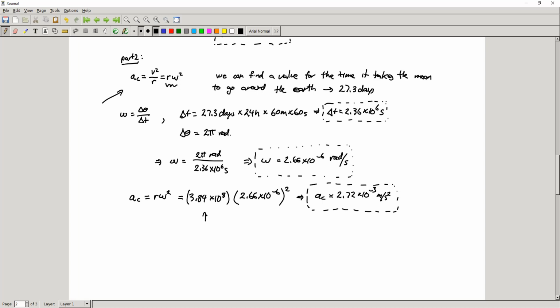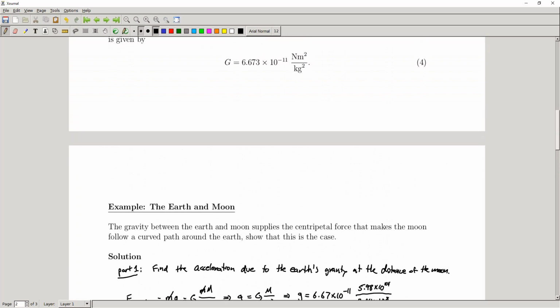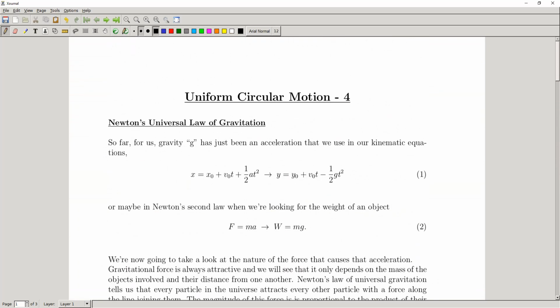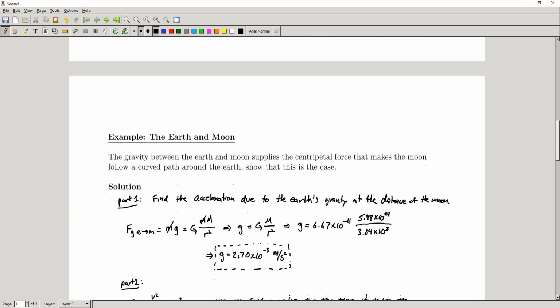So we'd have to adjust these, and if we made that adjustment, we're off by about 1% here. If we made that adjustment, we would find that these actually ended up agreeing to a much better degree. Okay, so that's one example of how we might use this idea of Newton's universal law of gravitation.